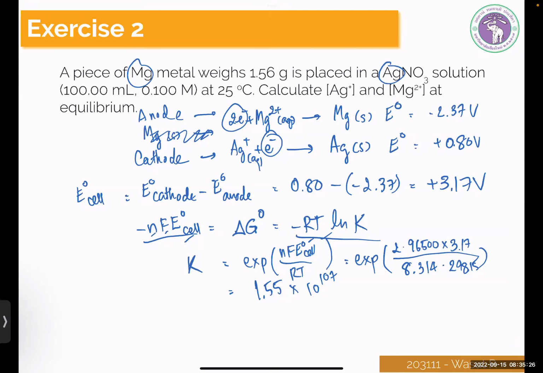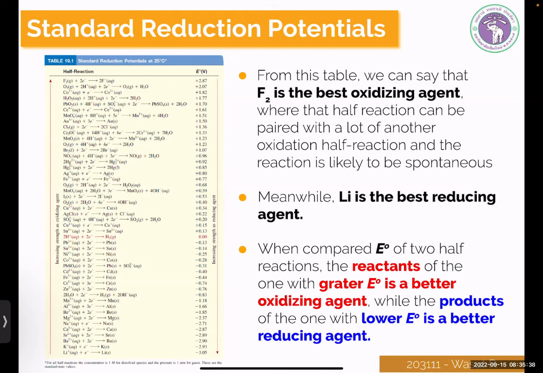All right. So this is our table again for the standard reduction potentials. We looked at this table on Monday, so I want to look at it again. Now tell me, looking at this table, what is the best oxidizing agent?